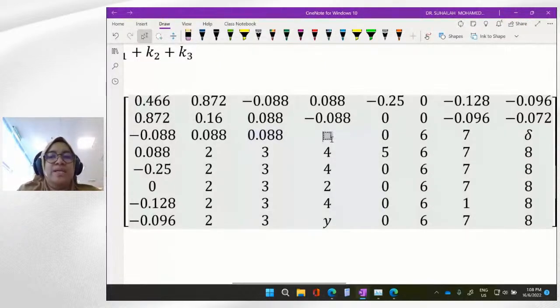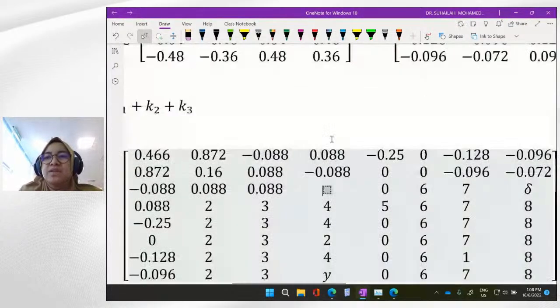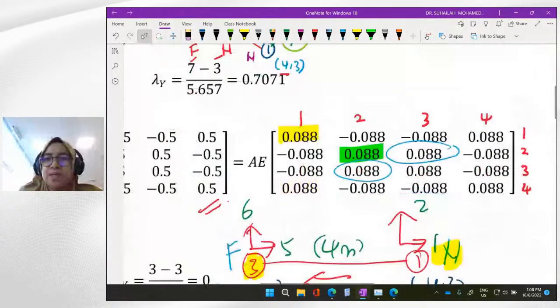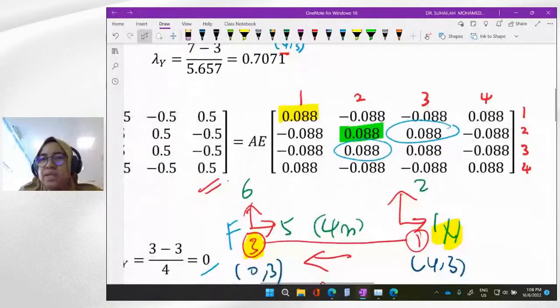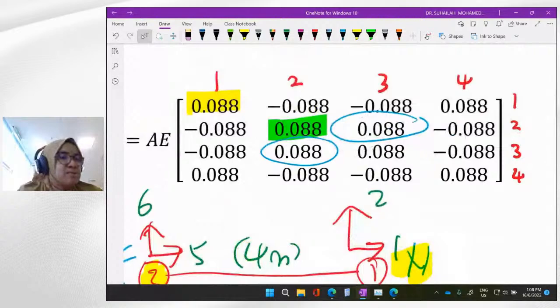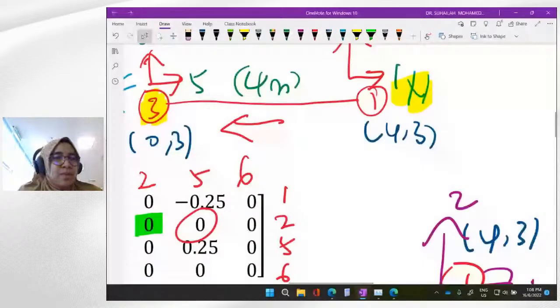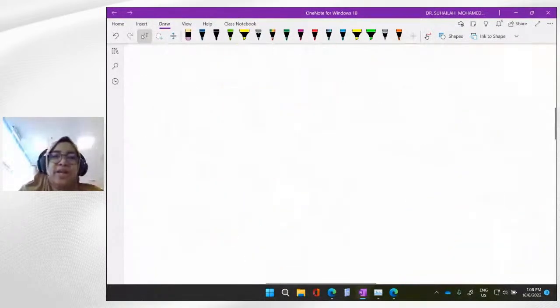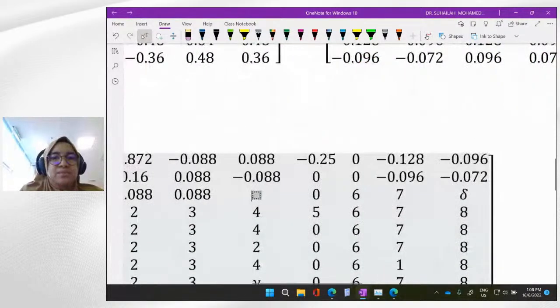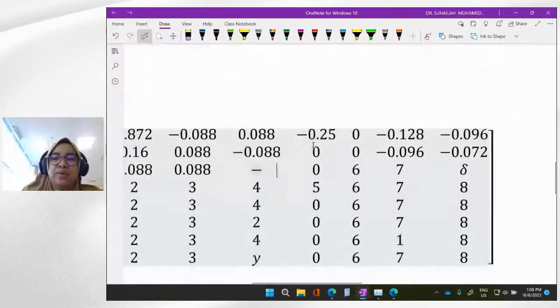Position 3, 4 is inside K1. What is the value for 3, 4? It is negative 0.088.